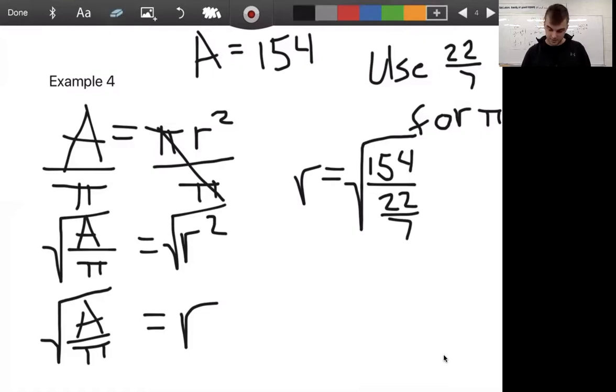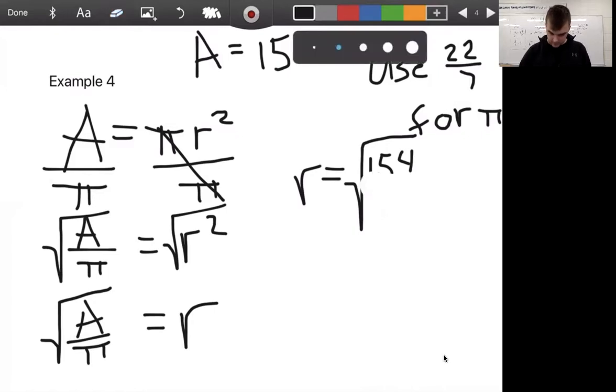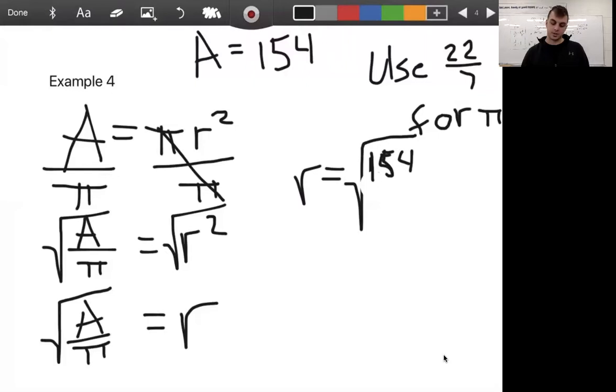So 154 divided by 22 over 7: you change the division sign to multiplying, put 154 over 1, and then 7 over 22.